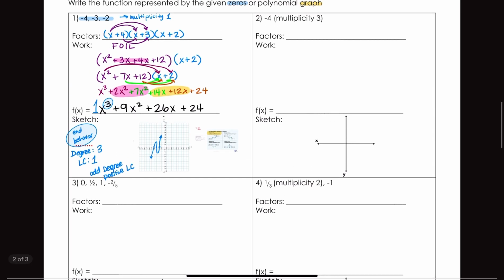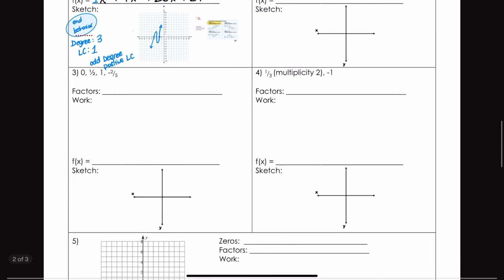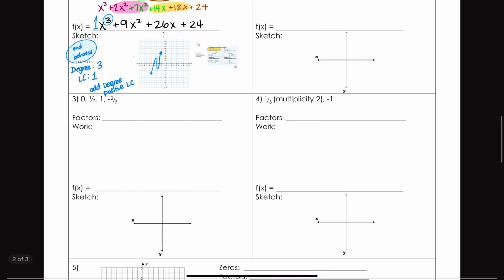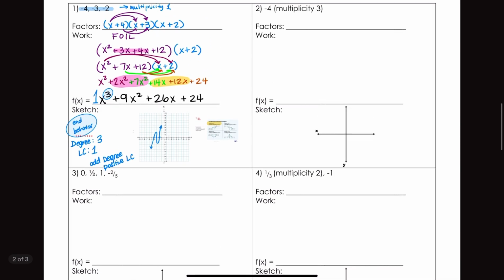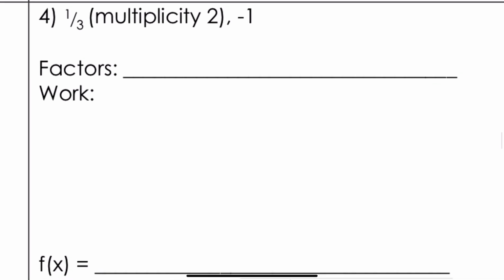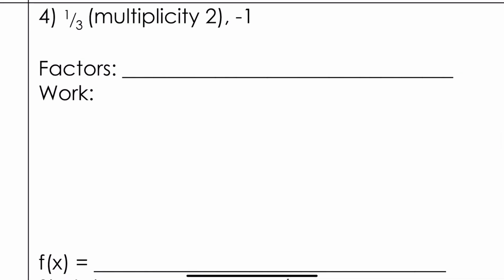Oh, actually, I want to do a problem that has multiplicity. So we're going to skip number 3 and scratch what I said in the beginning of the video. You are going to be responsible for doing number 2 on your own and doing number 3 on your own. I'm going to go ahead and do number 4 because I want to work on one of the problems that have multiplicity to show you how to get that sketch done.